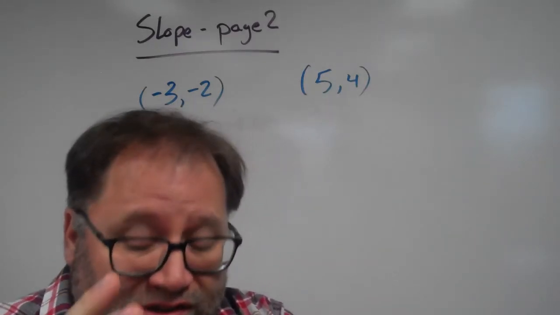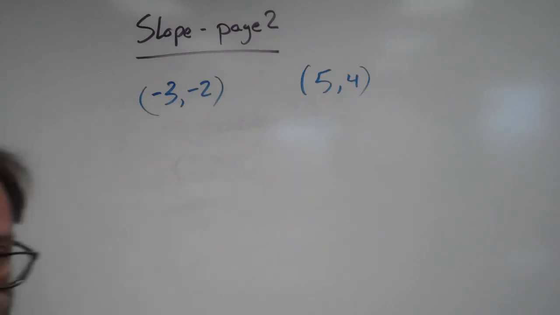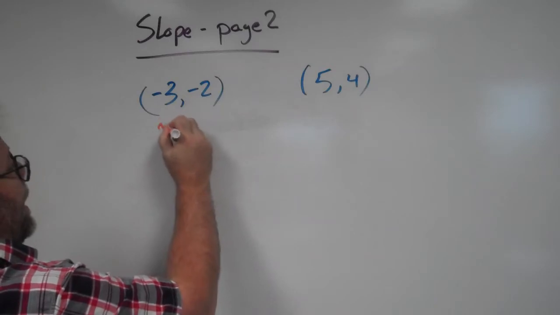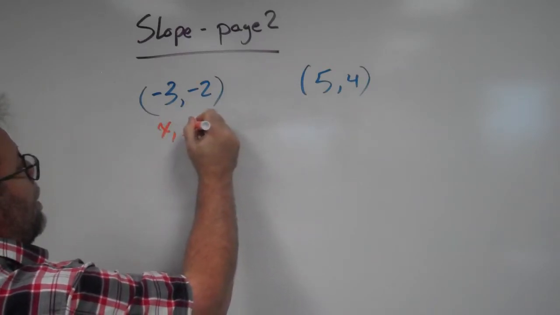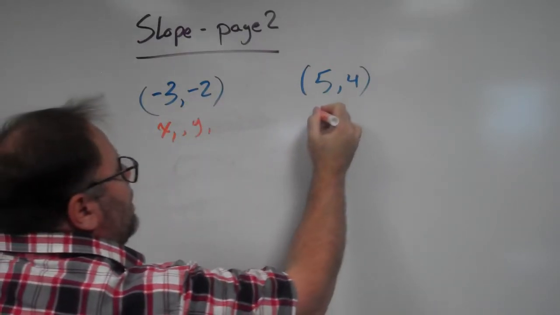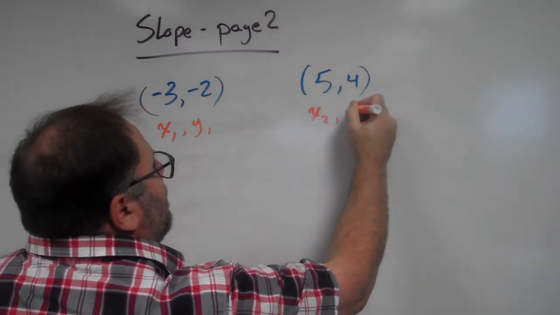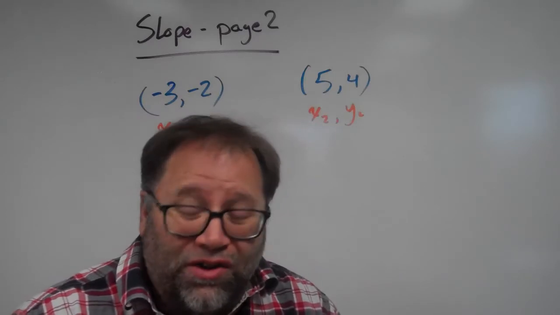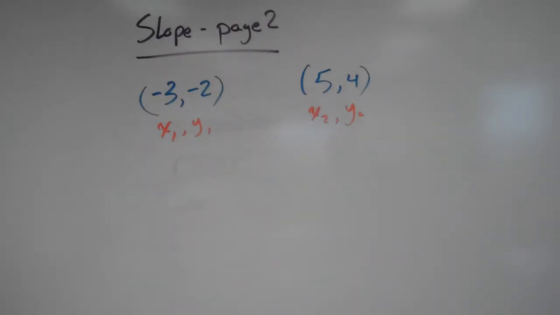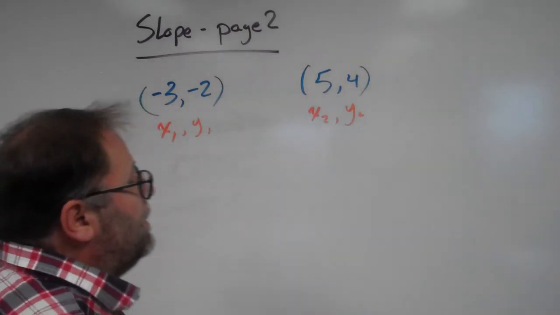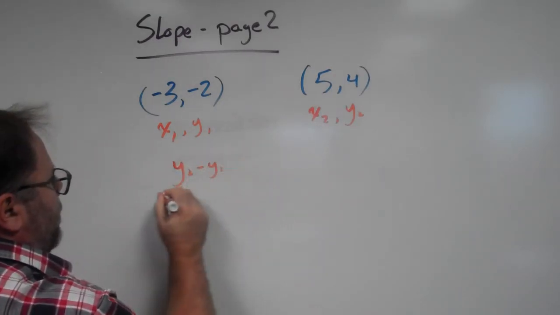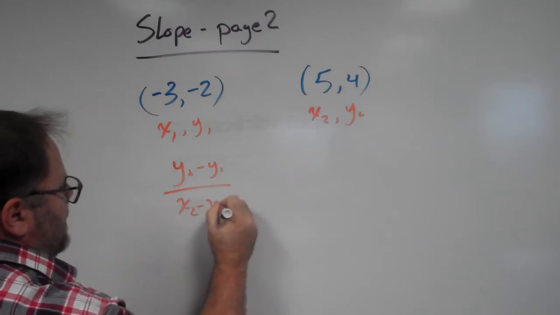When you set this up, label your points: x sub 1, y sub 1, x sub 2, y sub 2. That's not hard. Now we're going to set it up. So my formula is y sub 2 minus y sub 1 over x sub 2 minus x sub 1.